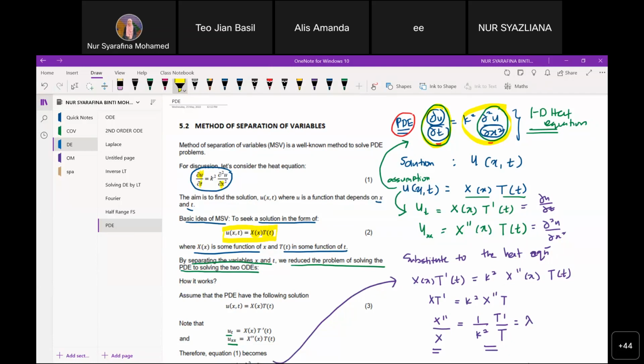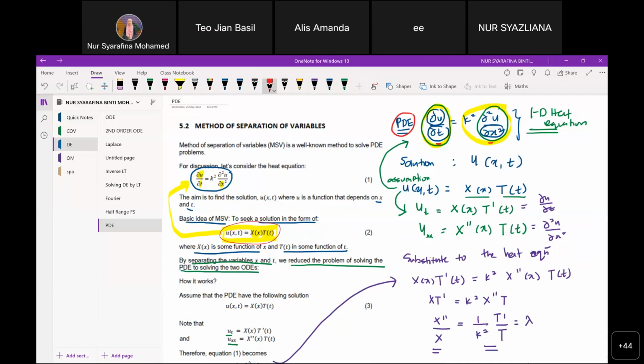And you have to differentiate according to the problem, where in this problem we have del u del t, and also del squared u del x squared. And the expected solution should consist of x and t.